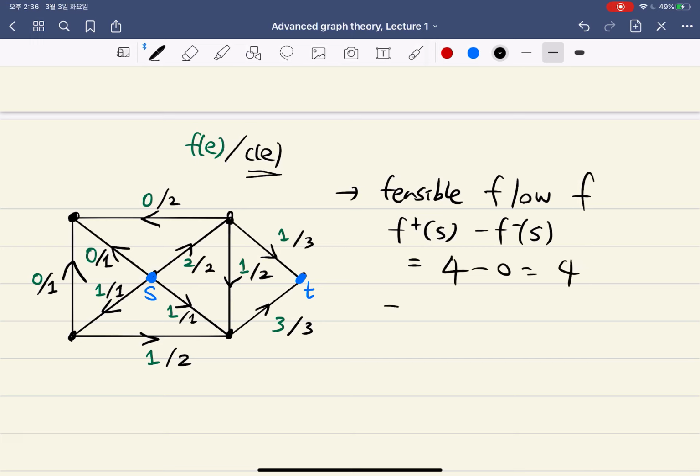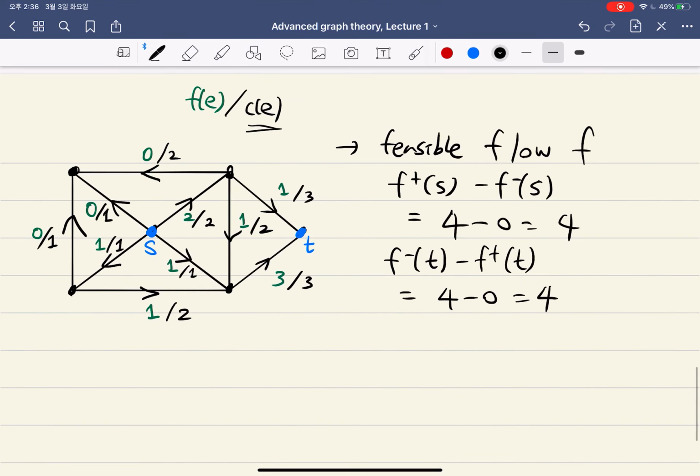Note that this is the same as at the sink. So again, this is 4 minus 0, which is 4. So the value of this flow is 4.